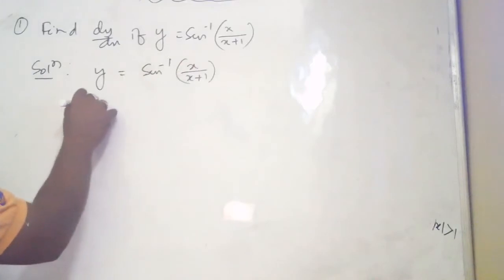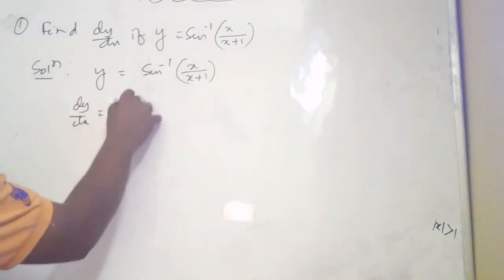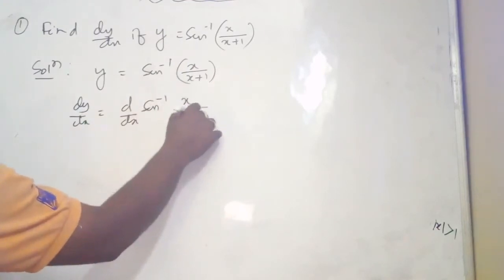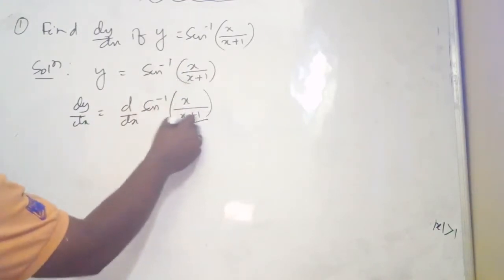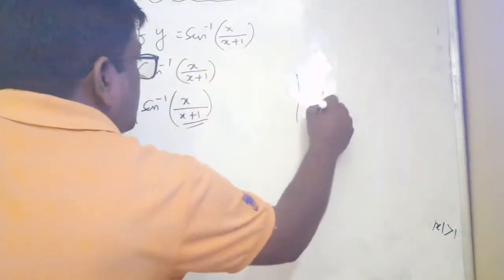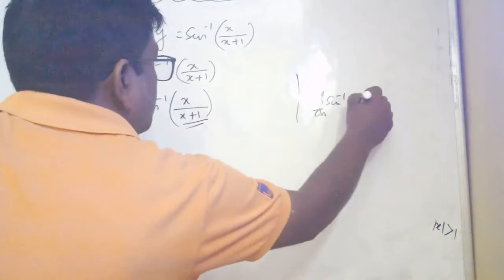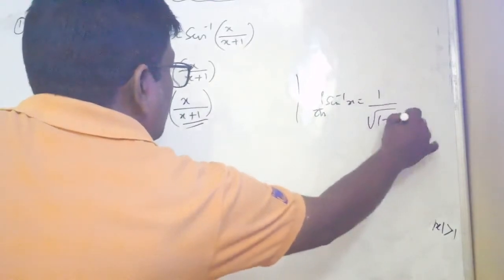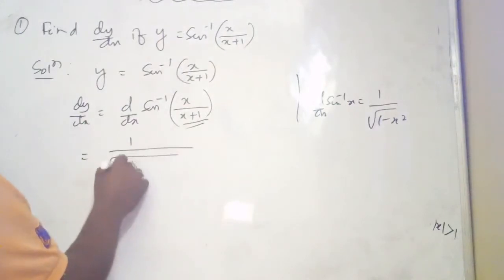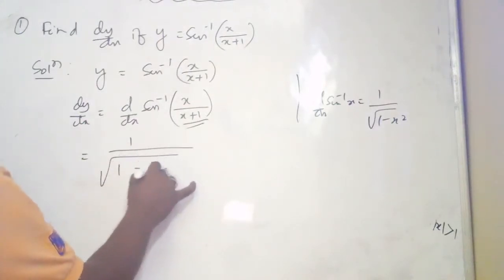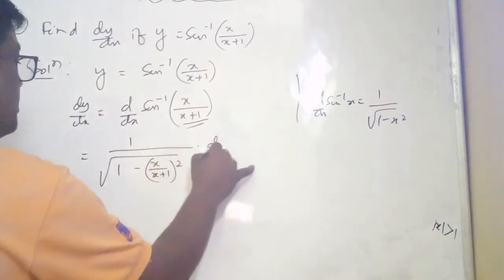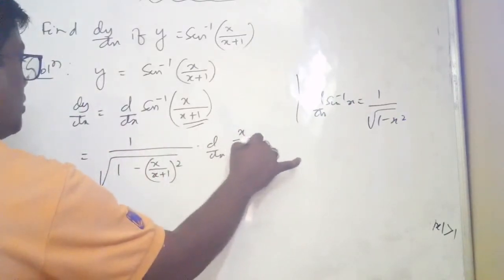So dy by dx is equal to what? d by dx of sin inverse of x by x plus 1. So consider this as f of x. What is the derivative of sin inverse x? The d by dx of sin inverse x is equal to 1 by root over 1 minus x square. Apply this: 1 by root over 1 minus x by x plus 1 whole square, into d by dx of x by x plus 1.